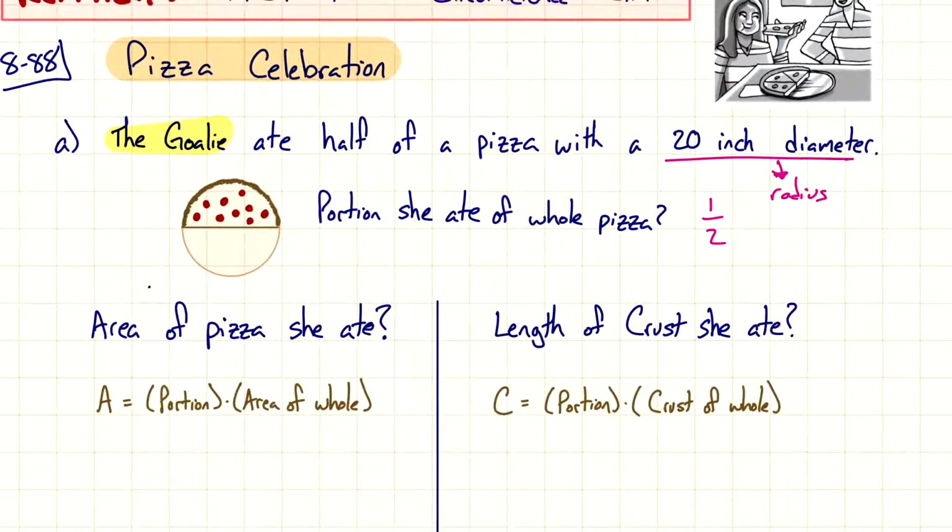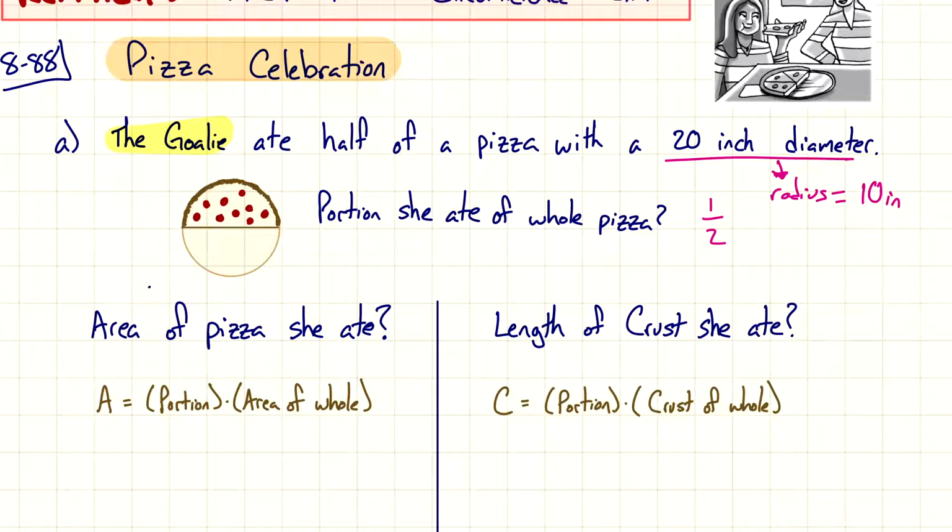So let's see if you could tell me that to get started. All right. If you think that the radius is 10 inches, then you'd be correct. All right. So now that we know what the radius is, let's start calculating the area.